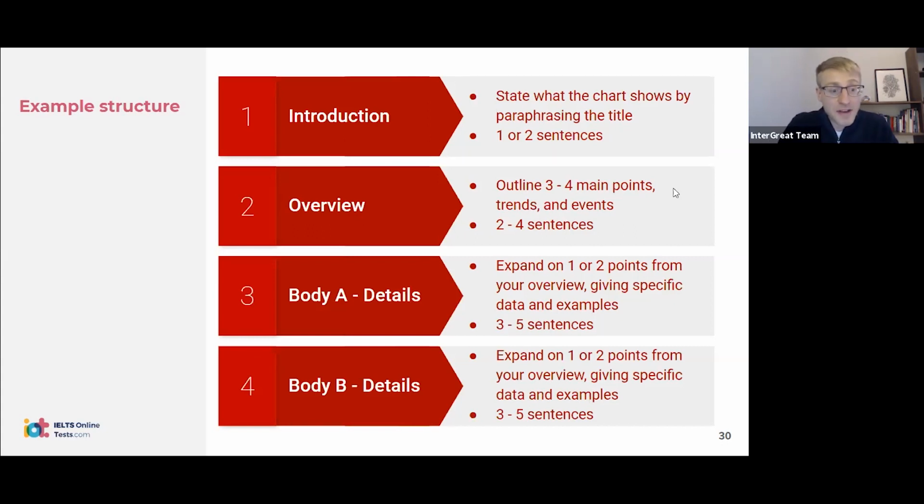Admin, you can write 5 paragraphs. It's fine as long as you organize it logically. So if there are 3 categories, then you might want to split it into 3 body paragraphs and describe each category separately. Okay, it's possible you might run out of time as well.